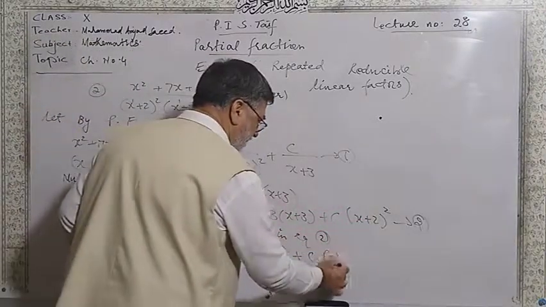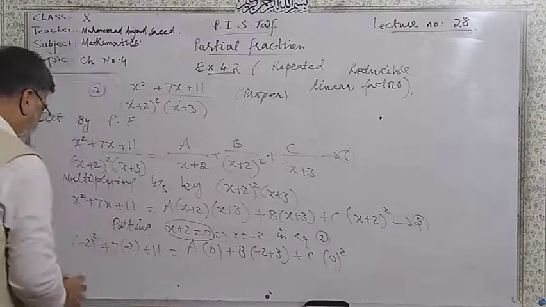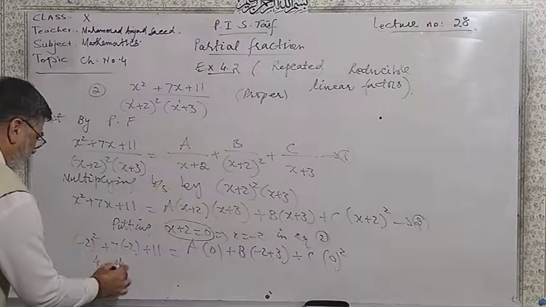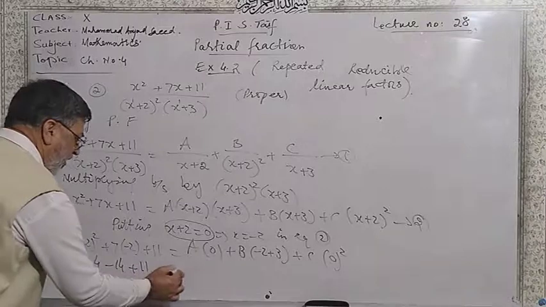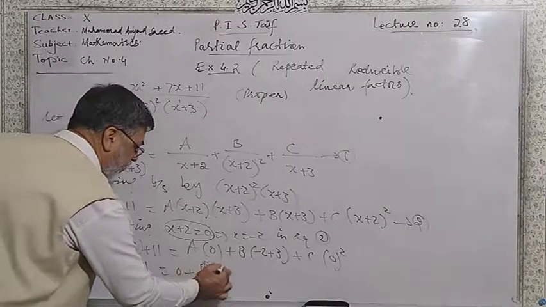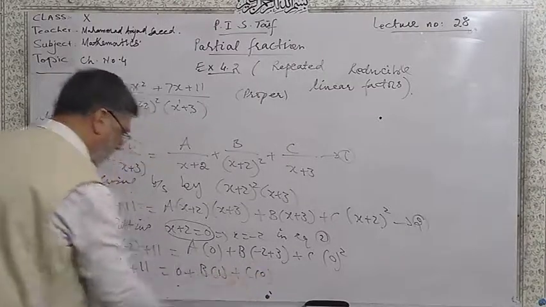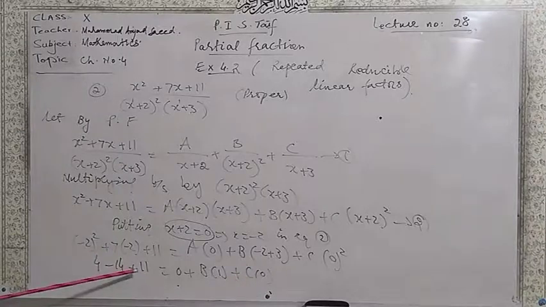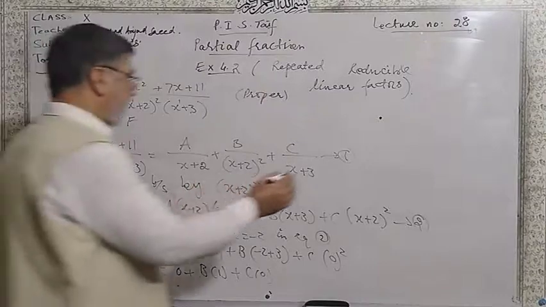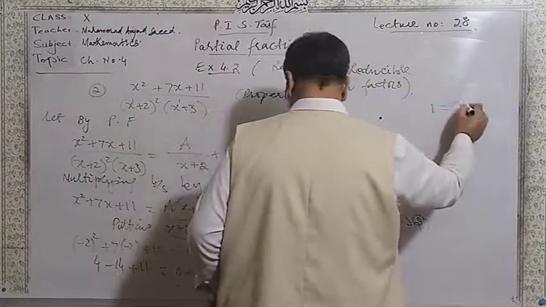So that is 0 square. So we are left with 4 minus 14 plus 11 is equal to 0 plus b into 1 plus c into 0. Remember that 11 plus 4 is 15 minus 14, that is equal to 1, equal to b.